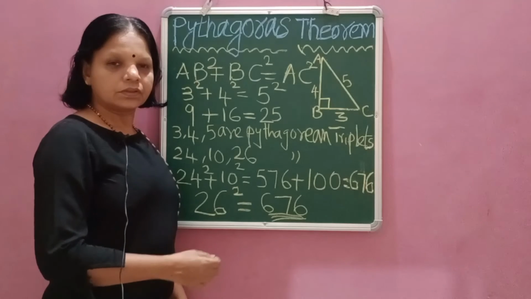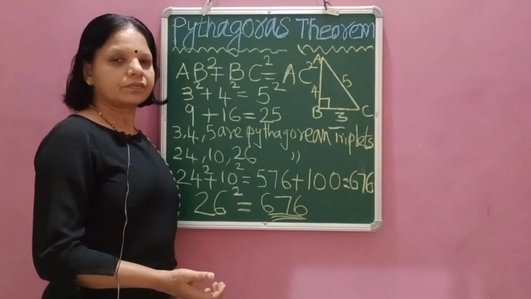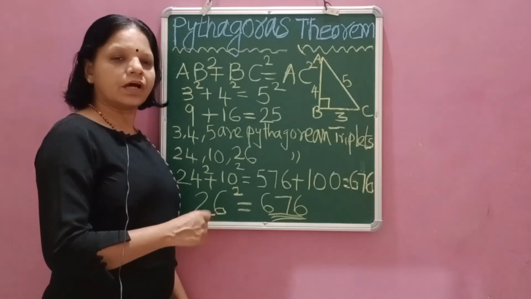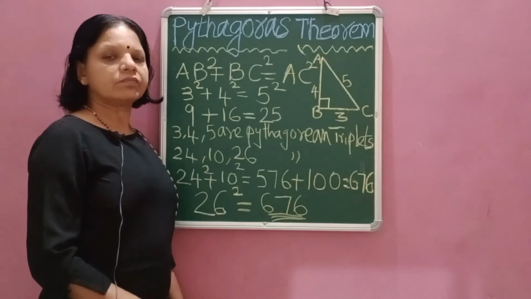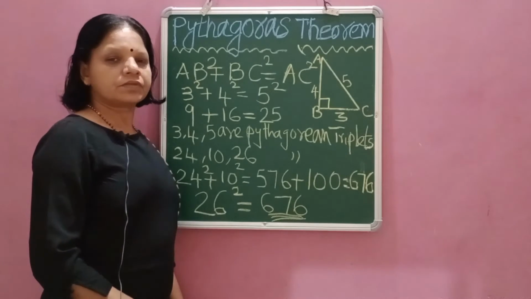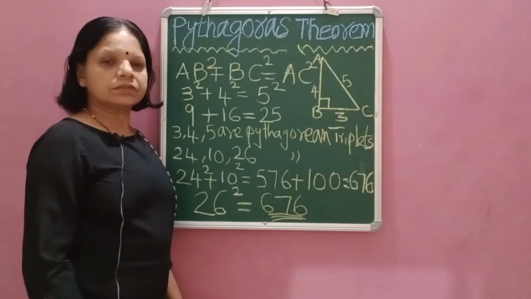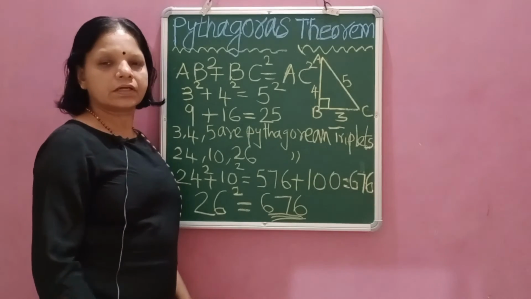What you have to do? Take the largest side, find the square and add the squares of the other two sides. If both the values are equal, then we can say that these three numbers form the lengths of the sides of right angle triangle.